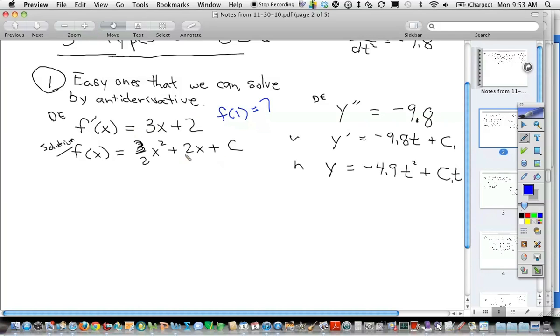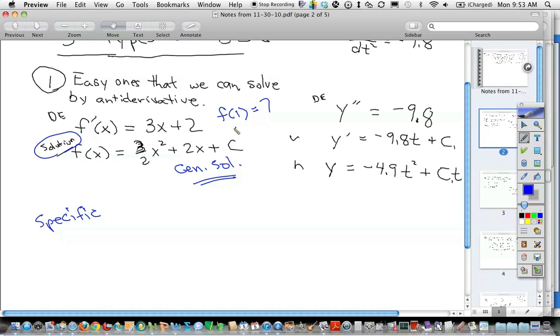I gave you a differential equation with my initial condition, and I said to solve it. Well, I've already done the hard part for you. I've done the antiderivative. This is called the general solution to the differential equation. Now I want the specific solution.